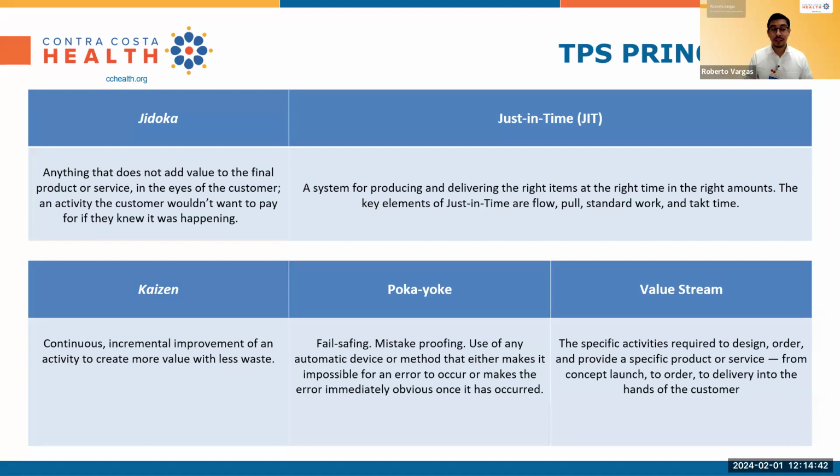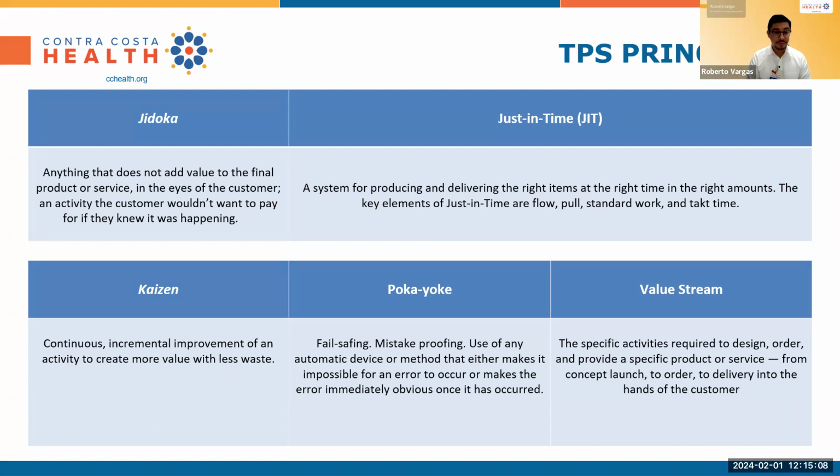But to take a step back and get another lens, thinking about, if I was a customer, what things would I be willing to pay for to eventually get that vehicle? By using that kind of reverse lens, we might be able to identify opportunities to remove what's called waste. And I'll talk more about that soon. So that's the thought and theory of Jidoka, anything that does not add value.